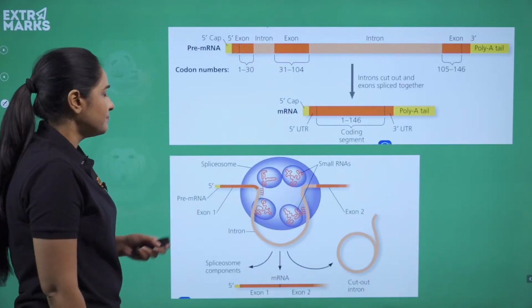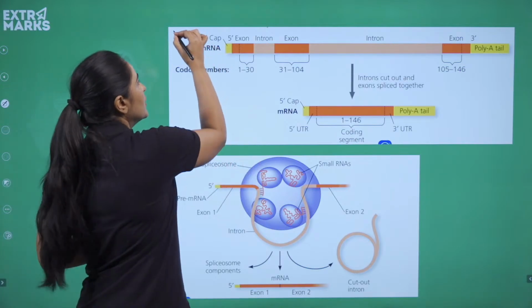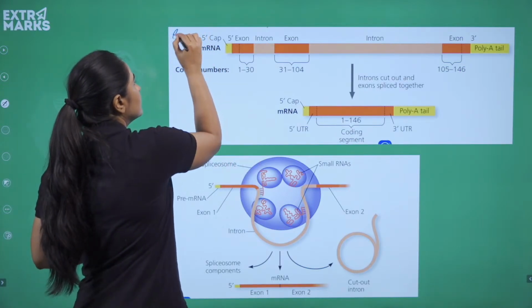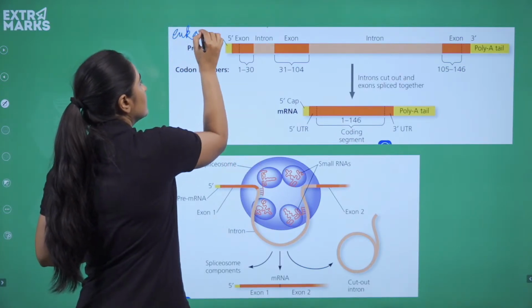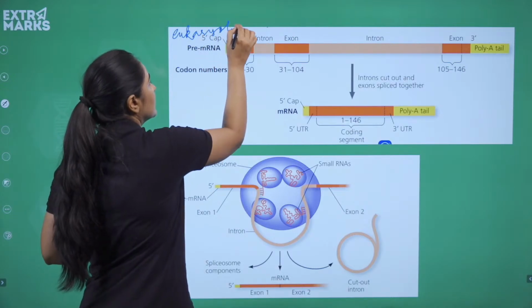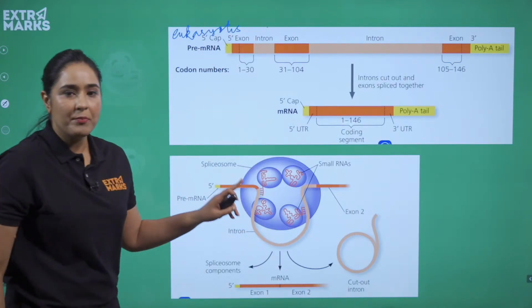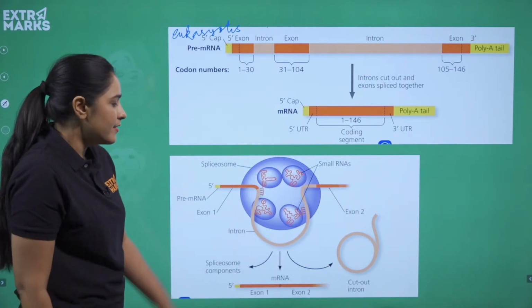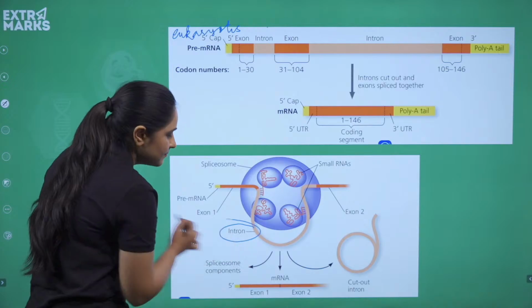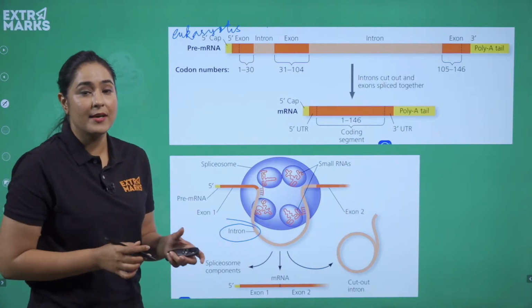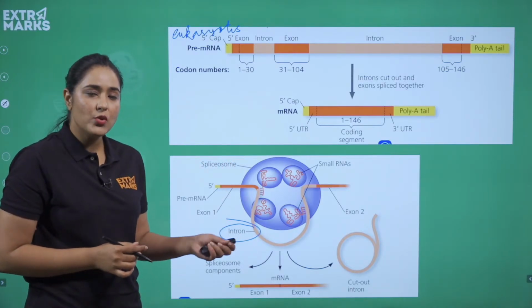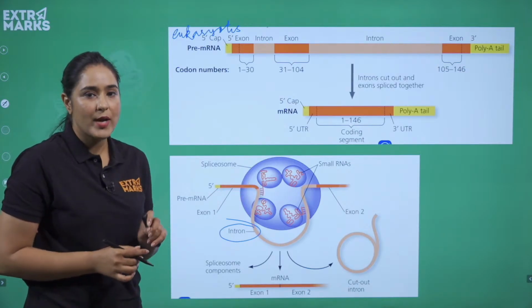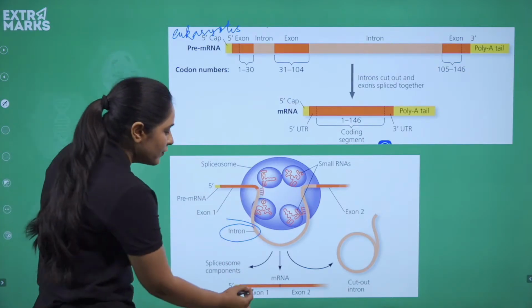See here, we are talking about the eukaryotes. As you can see here, they are removing the introns, splicing the process here, removing the introns from this DNA strand, and the exons will be remaining here.